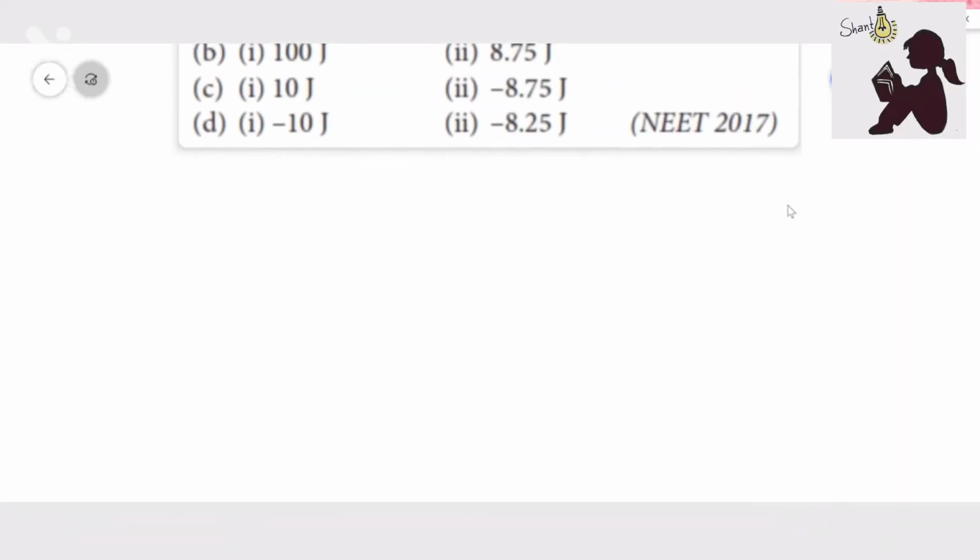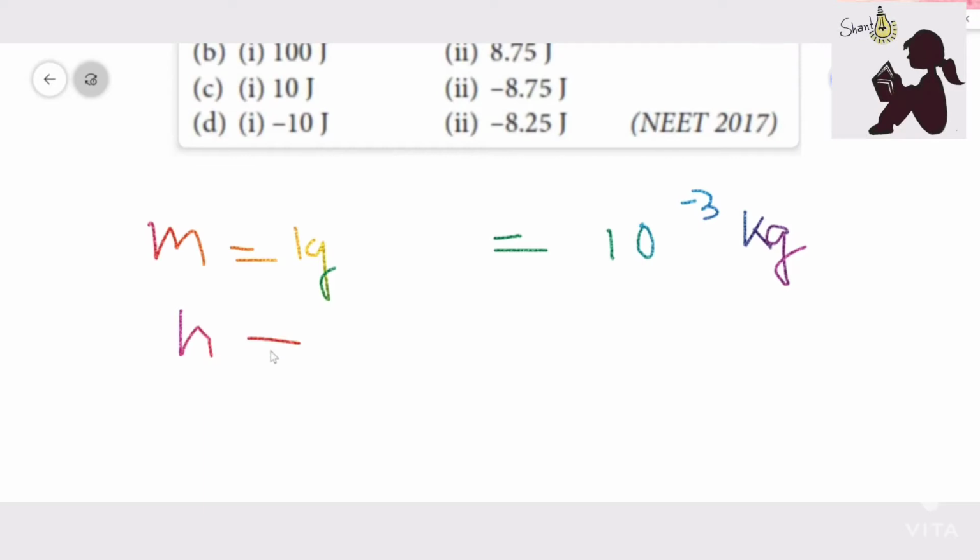So what we need to do is that first we are given the mass equals 1 gram, which is equal to 10 to the power minus 3 kg. The height is 1 kilometer, that is 1000 meter.